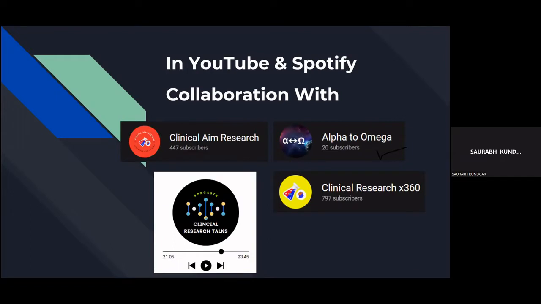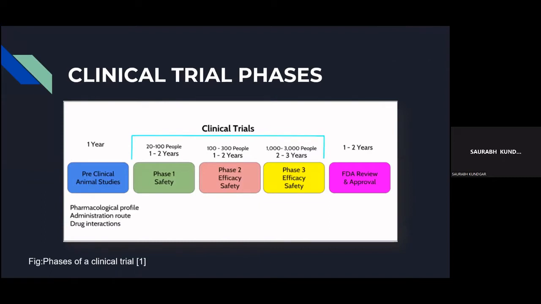So let's start. Let's understand the different phases of clinical trial. Clinical trials are generally considered to be conducted in 3 phases, from phase 1 to phase 2 to phase 3, and then the approval. Before submission of phase 1 to test in humans, there are preclinical studies which are done in animals. That phase is called the preclinical phase.